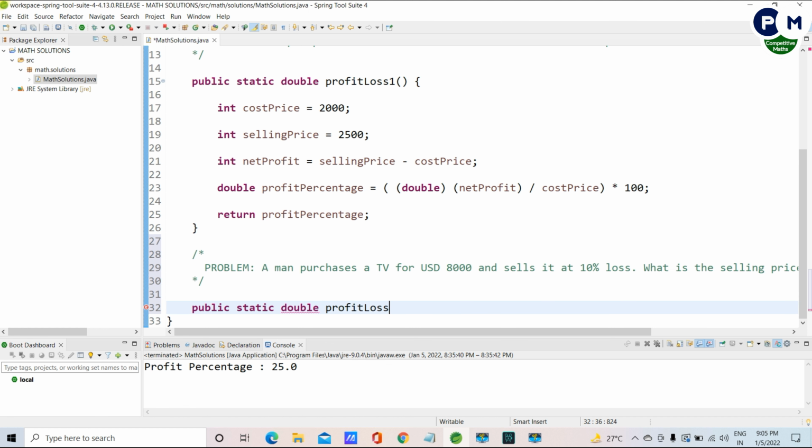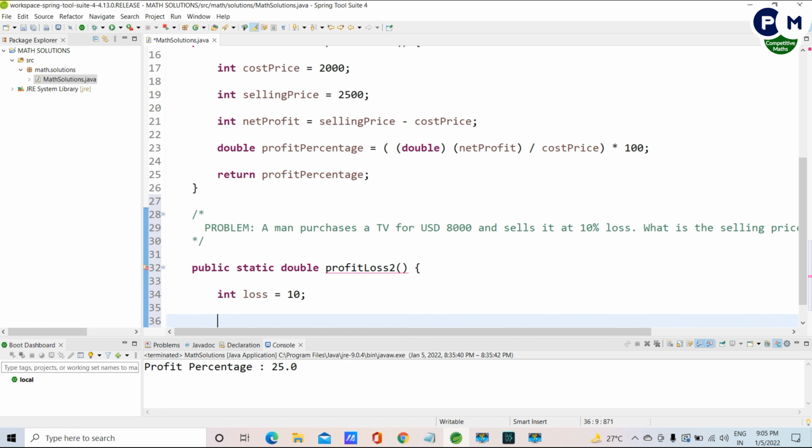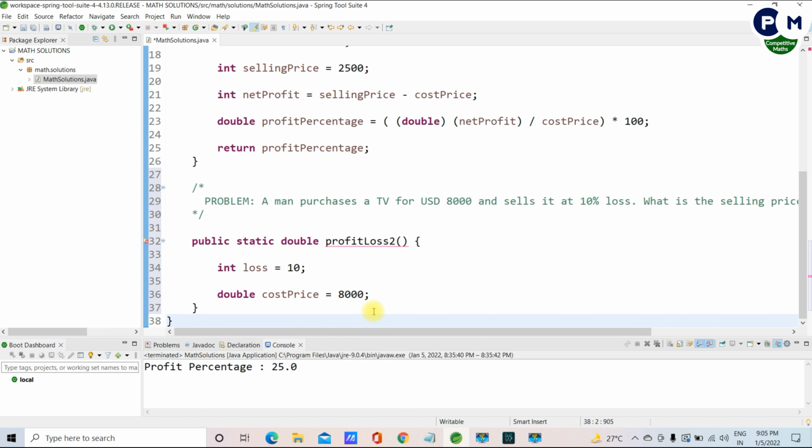I am going to define a new method for determining the selling price for earlier solved problem 2. Here is the problem statement. Define the loss and cost price member variables and initialize them.